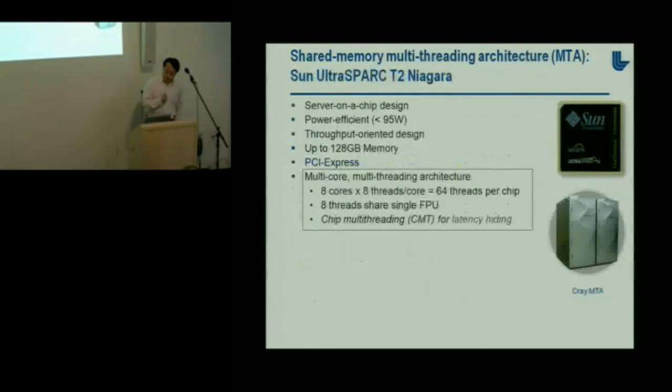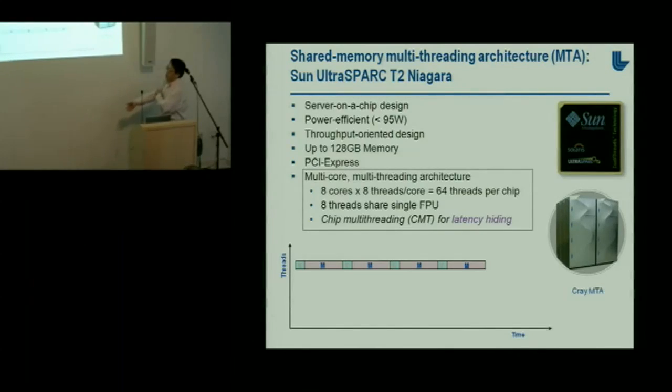Okay, so the next machine that we were interested in was a shared memory multithreading architecture, like a Cray MTA. But we did not have a Cray MTA, okay? So we chose a very similar architecture called Sun Niagara, the UltraSPARC T2. What's interesting about this architecture is that many people know that memory latency is the bottleneck, right?